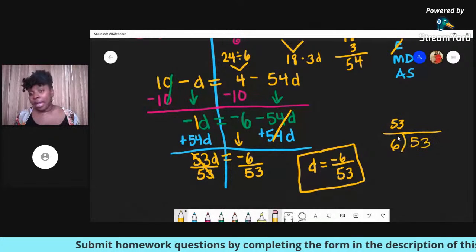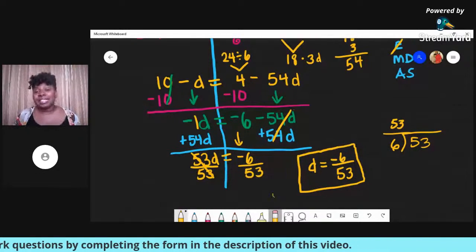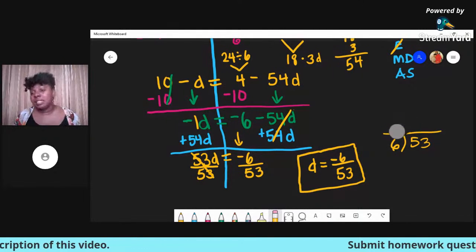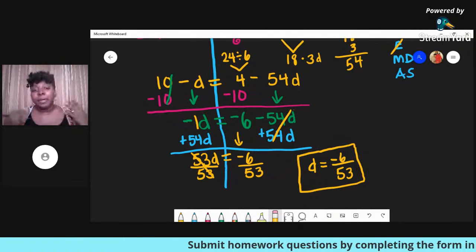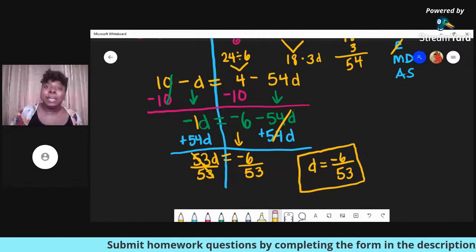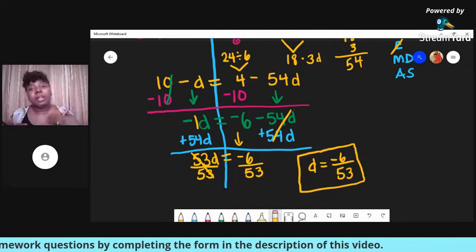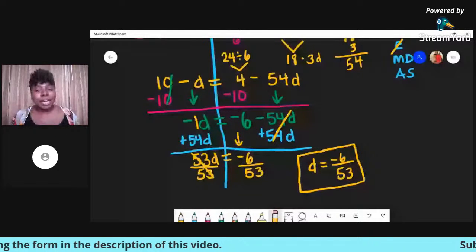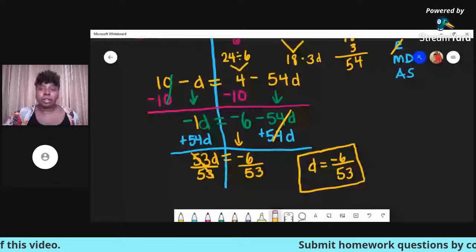But you don't have to go further unless they say something like put it in simplest form, or make it a mixed number, or write it to the nearest 10th. If they say write it to the nearest 10th, you know they're looking for a decimal. But 9 times out of 10, you can leave it like that and you're good.